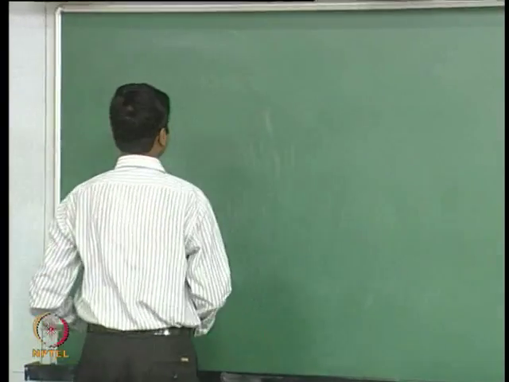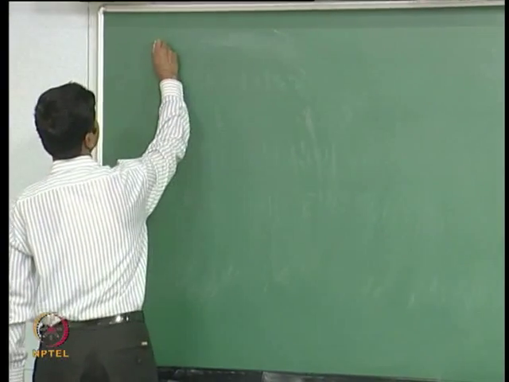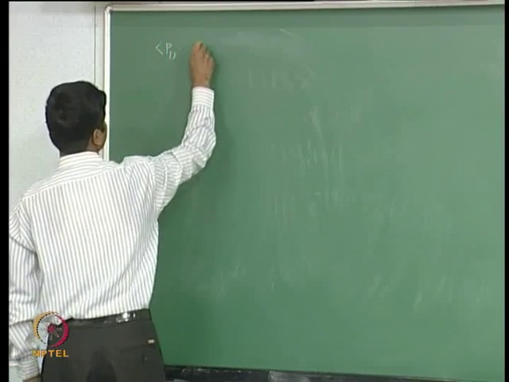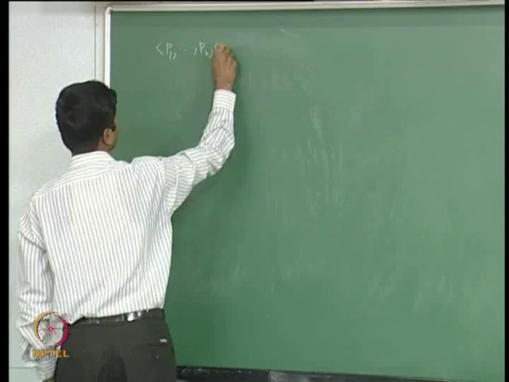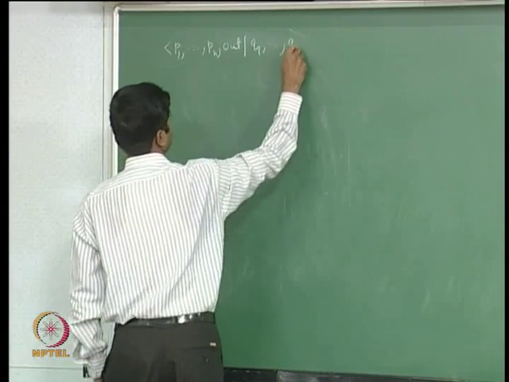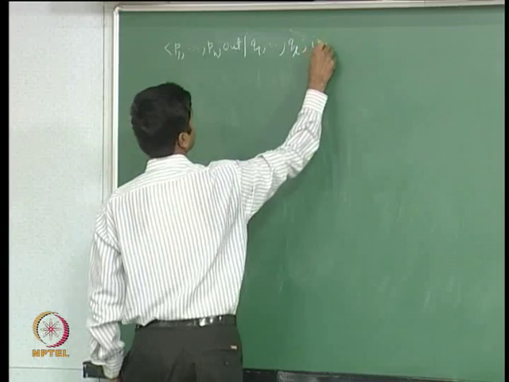The transition amplitude, it is p1 ... pn out q1 up to ql in.